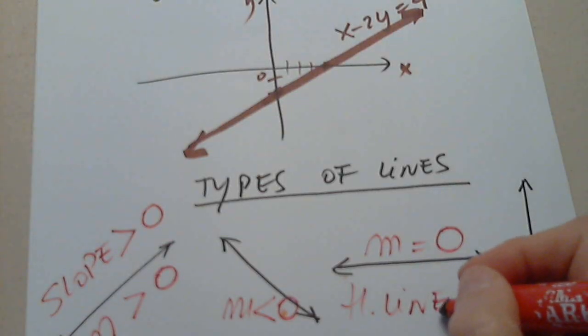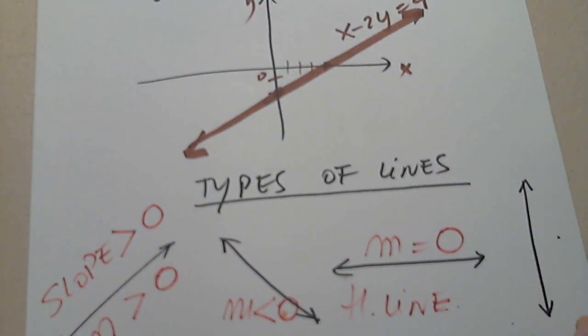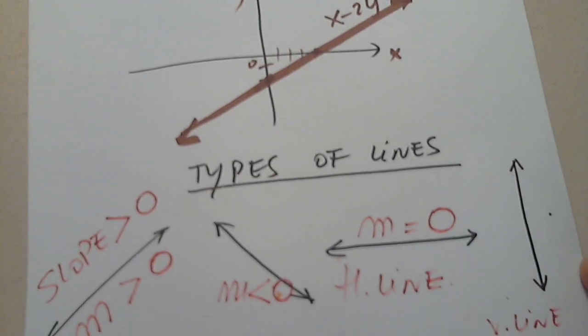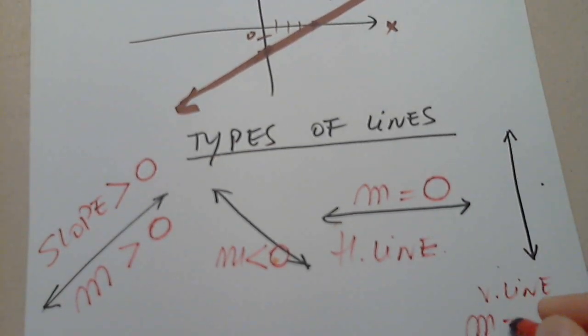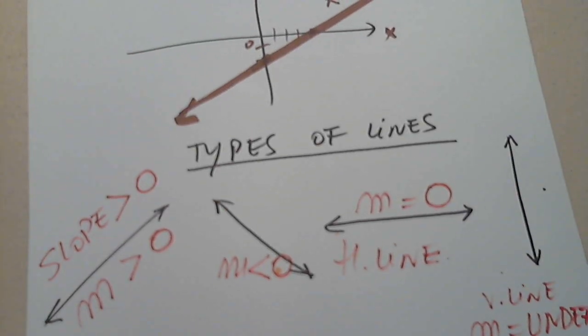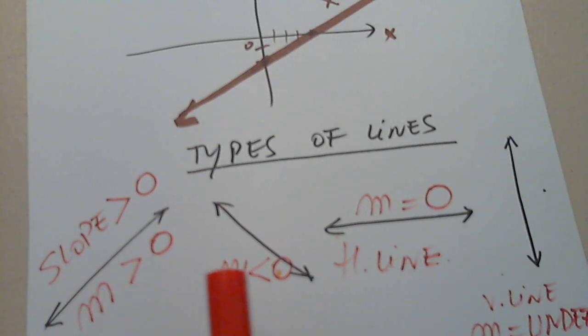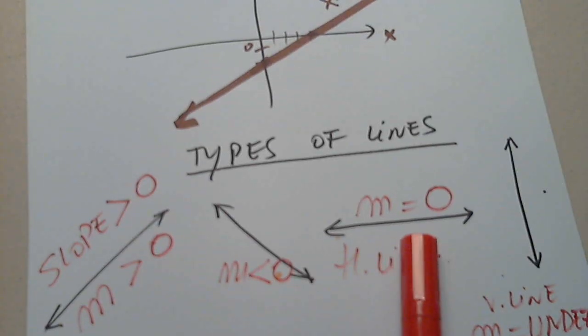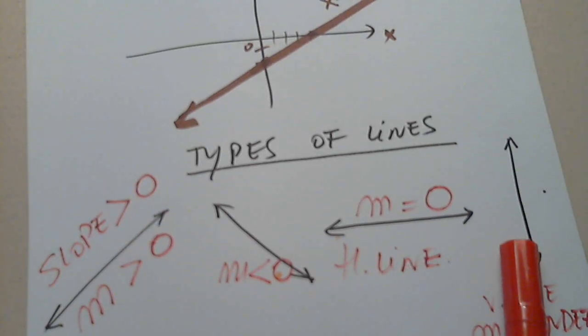Now, this is a vertical line. The slope for a vertical line is undefined. It does not exist. It cannot be determined. So positive slope, negative slope, zero slope, undefined slope.